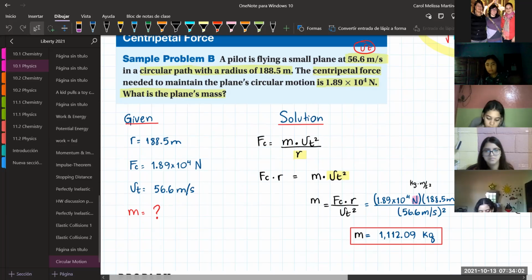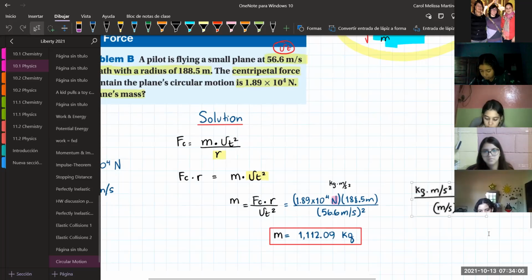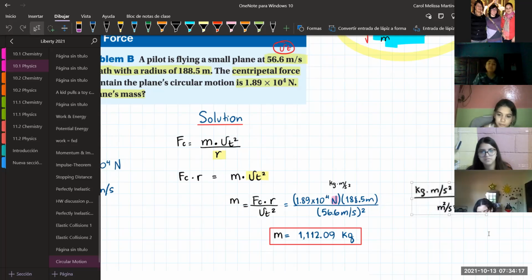Okay, this is how you obtain the units. These meters per second raised to the second power end up as meter squared over second squared. So the meters cancel with the meters from the bottom, and the second squared cancels with the second squared. So the remaining unit is going to be kilograms. That's how you obtain the kilograms.